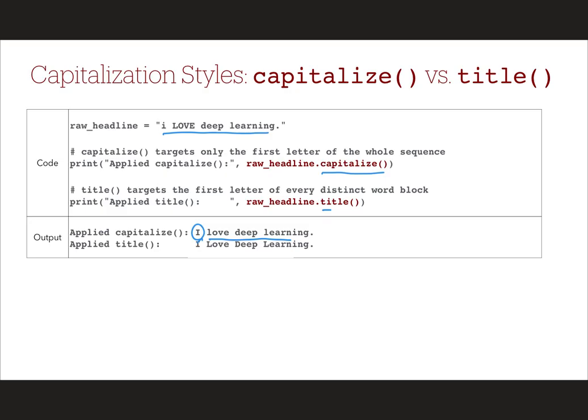In case of a title, the first character of each word will be written in upper cases and all the others will be in lower cases. Okay, you can consider the differences between upper, lower, capitalize, or title functions, right?